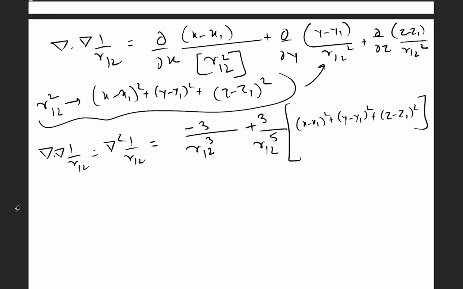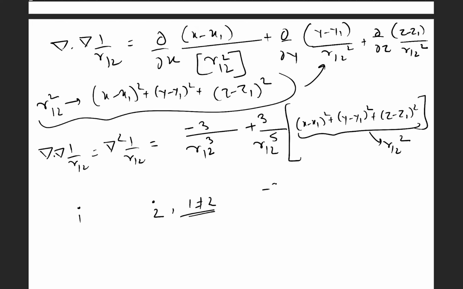Now there is a very simple thing. Let us say this is point 1 and this is point 2. When these two points are not overlapping each other, that is when 1 is not equal to 2, this whole quantity is simply r12 squared.